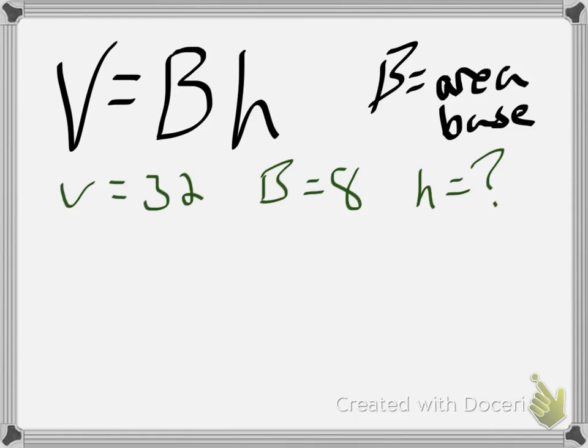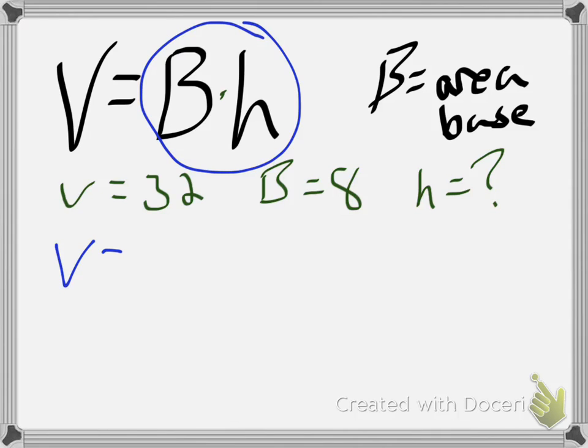So the first thing we have to figure out is what operation is happening. Over here with the B and the H, what operation's happening? Yeah, it's multiplication. So if I wanted to solve for H, like get H by itself, I'm going to have to do the inverse operation, which is divide.